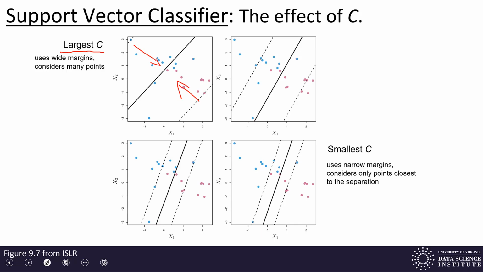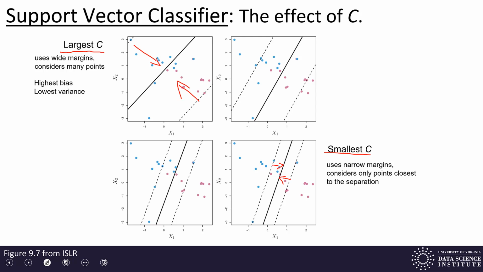Over here we have the smallest C, and it has the smallest margins, right? The total amount to which points can lie within those margins is the least, and so it's going to wind up with the narrowest margins, and it considers only points that are closest to the separation curve. And you can see the two intermediate values for C and the results for those. So as C gets bigger, your margins get wider. As C gets smaller, your margins will get narrower.